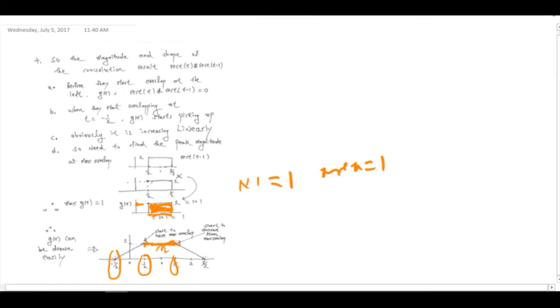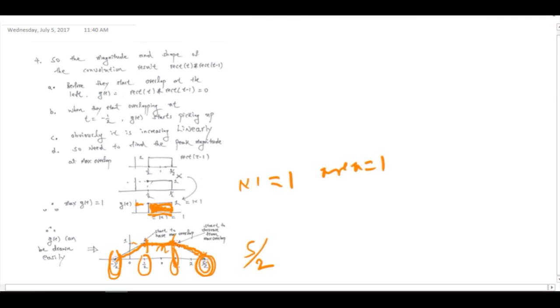Then it starts to decrease until t is equal to 5/2. When t is bigger than 5/2, there's no overlap. So we see a linear increase from minus half to half, then 1 is the area, then it starts to decrease linearly.